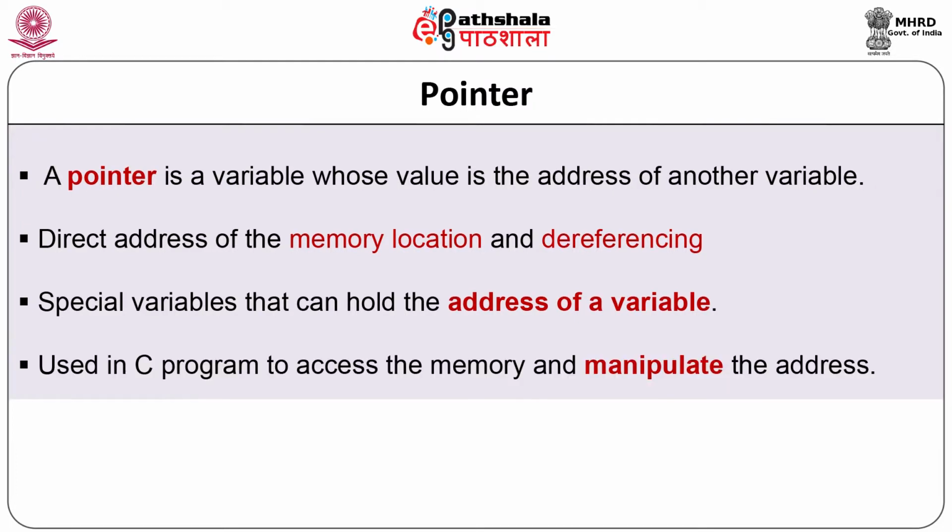Pointers are used in C programs to access memory and manipulate addresses. Pointers are used frequently in C programs to define a pointer variable, to assign the address of a variable, and to access the value at the address available in the pointer variable.